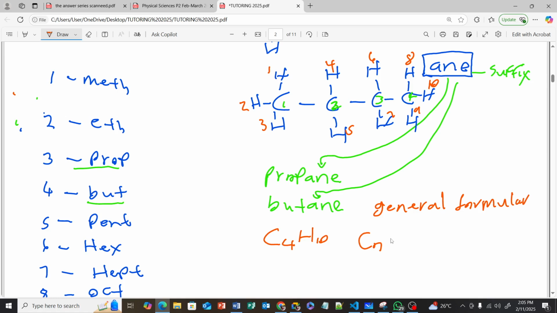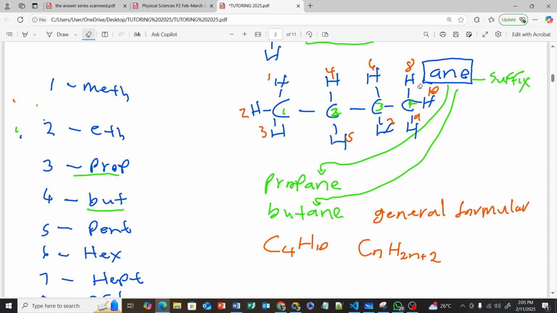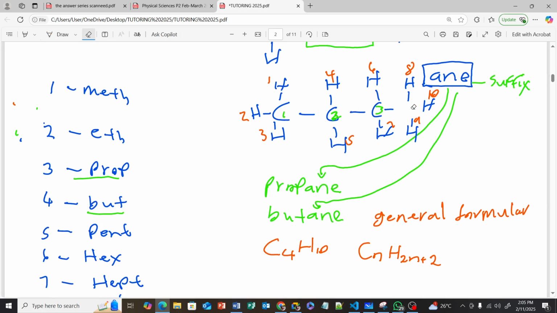Okay, then H. So 10 is more than twice of 4, so it's going to be CnH2n. If we multiply 4 by 2, then it's going to be 8. How many hydrogens will be left? It is plus 2. Is it? So let us go back to propane and see if this is true. So I'm going to rub here. I'm going to rub, sorry.